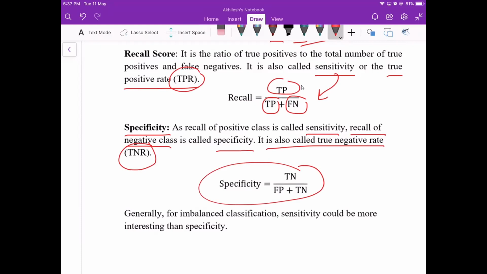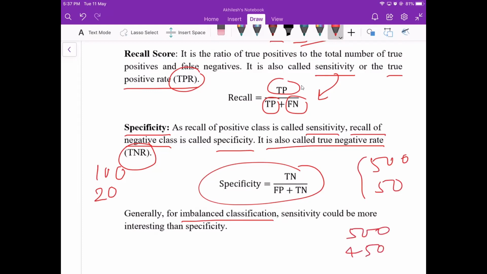Generally, imbalance classification means the classes are not balanced. One class might have 100 instances, another might have 20, or maybe 500 and 50, something like this. So this is imbalanced. When we have 500 and the other one is 450, this is not imbalanced.